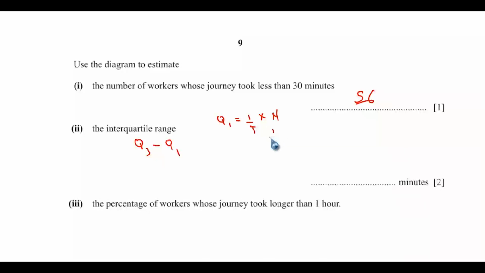So it should be 1 over 4 times 160 for Q1, and that will be 40. So we'll go to where it is 40. Then for Q3 it will be 3 over 4 times n, that's times 160. Earlier I wrote 60 here, so it should be 160. It has been corrected. So 160 over 4 will give you 40 again. So 3 times 40 will give you 120.